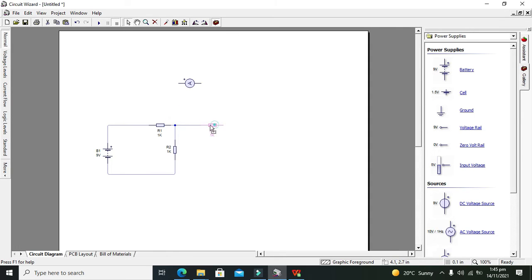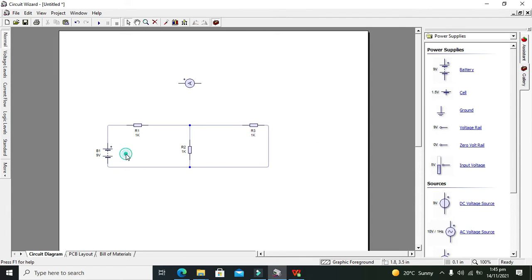Now we made a node where three components are attached. So this is our node. Okay, now this is our node.